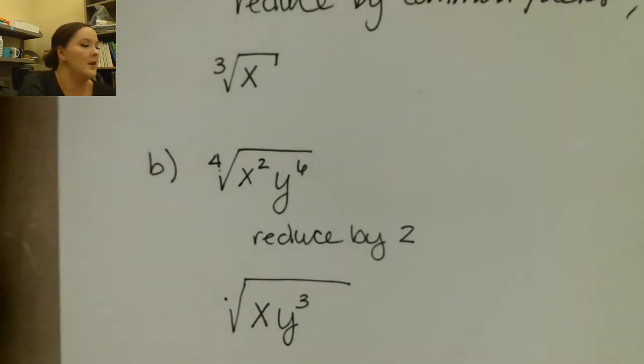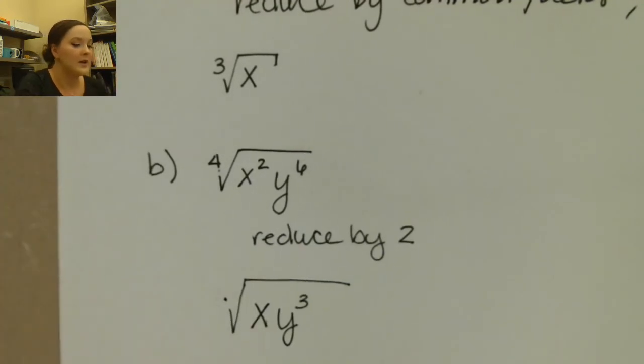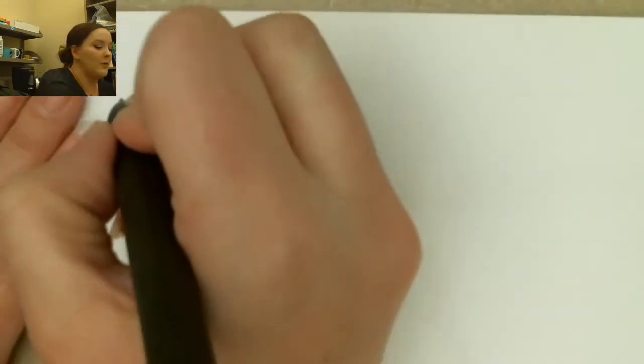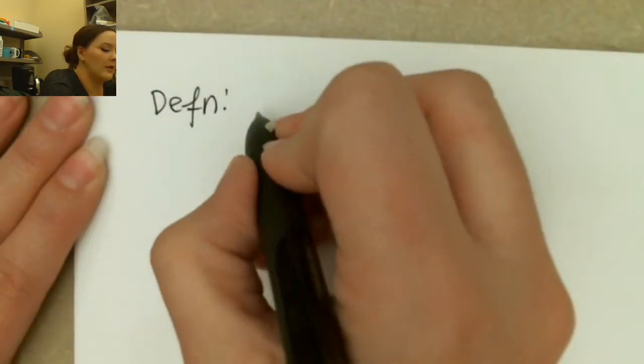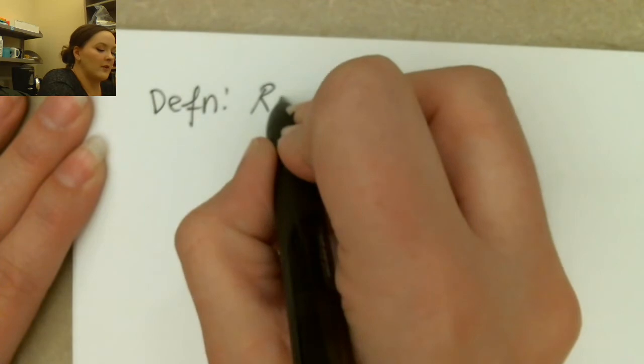Okay? So hopefully that's kind of a new topic for you guys. Okay? So let's move on to operations with radicals. Okay? So before we do that, let's talk about what it means for radicals to be like terms. I just want to remind you. Okay? So radicals are like terms.